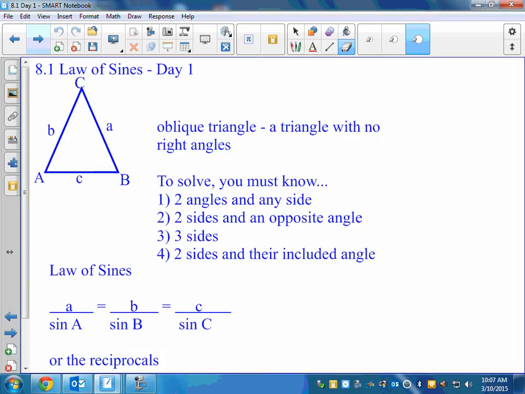I do want to point out that your book labels those angles like they label angle A as alpha, which makes sense, and they label angle B as beta, which makes sense, which means the one that you have no clue what letter that is in the Greek letters, that's just what they call C, which looks like a fancy Y. That's angle C, where I use a capital C, they just use the Greek letters.